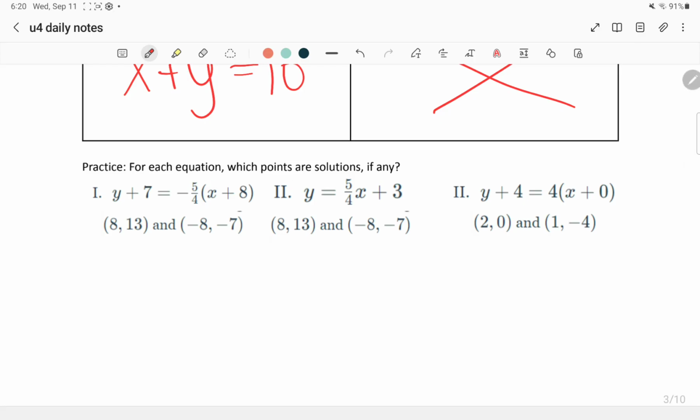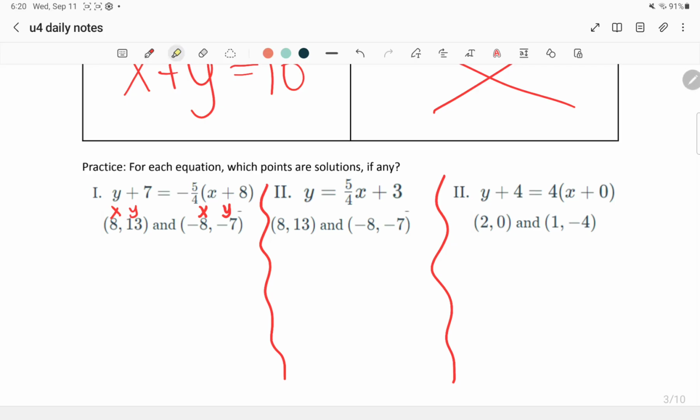For each equation, which points are solutions, if any of them? So I've got x and y. I've got an x value and a y value. So we're going to put a little, so that our work doesn't get too jumbled. Okay. We're going to plug in x and y.